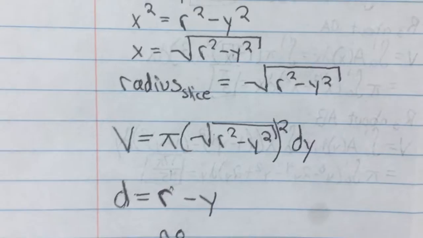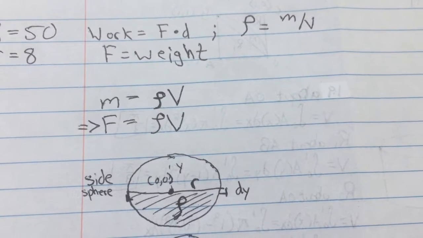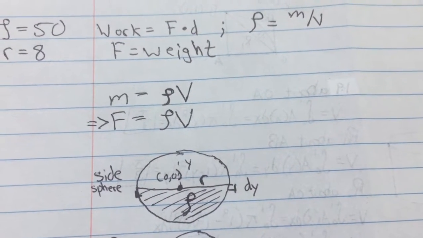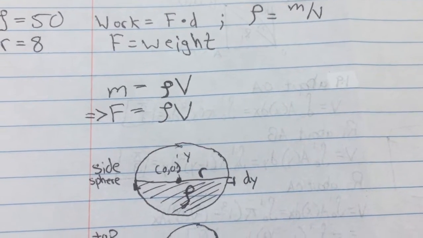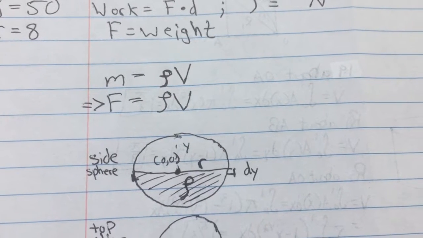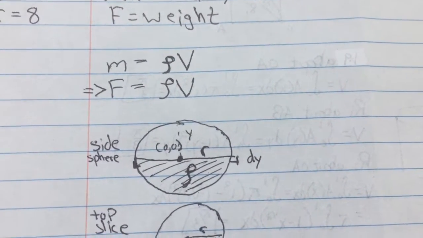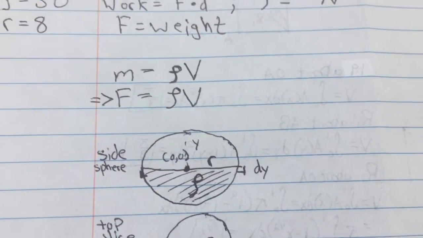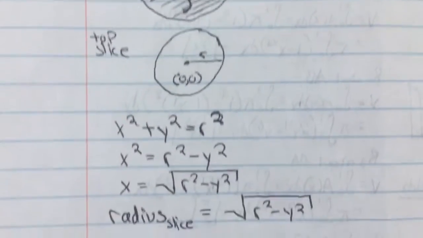Okay, so now that we have the volume and rho is given, we do in fact have the force, because the force was the weight, the weight was analogous to the mass, and the mass is rho v. So we have an equation for v, we're given rho, we essentially have the force. Now we just need to find the distance and we can calculate work.